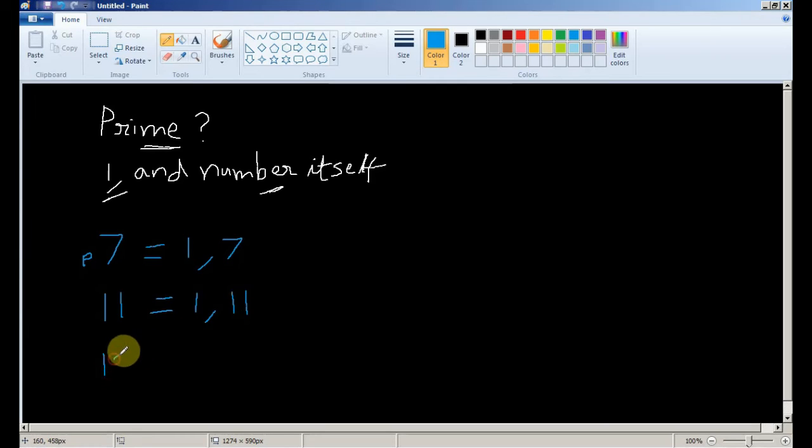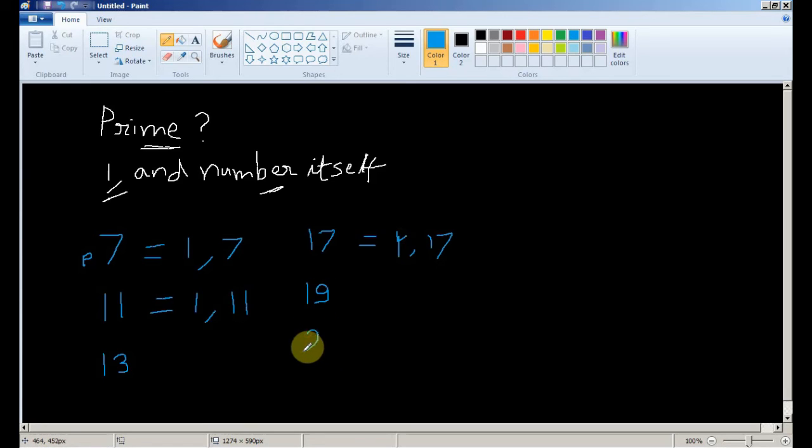Similarly, 13 is a prime. And there are more numbers, for example, 17. There is no number whose product is 17. So 1 and 17 are the only two factors. And then we have 19.